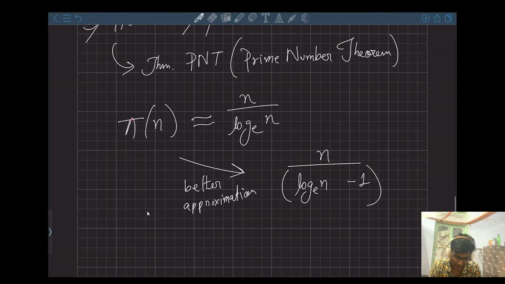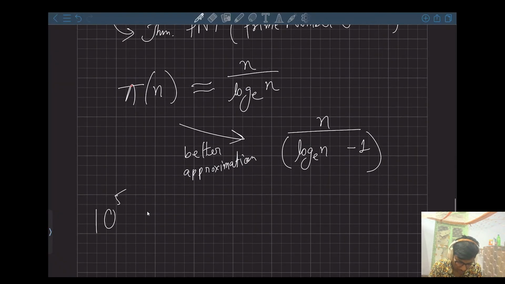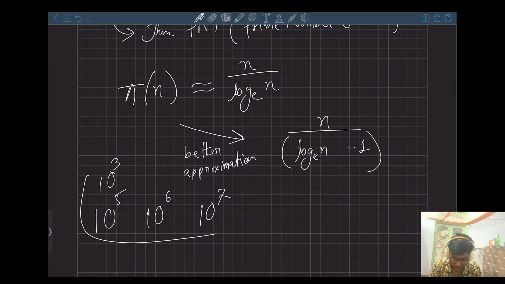Try for 10 to the power 3, 10 to the power 5, 10 to the power 6, 10 to the power 7. Compute the number of prime numbers by the sieve, and then calculate this. You will see the answers are very close to each other. Okay, this is the first conclusion.